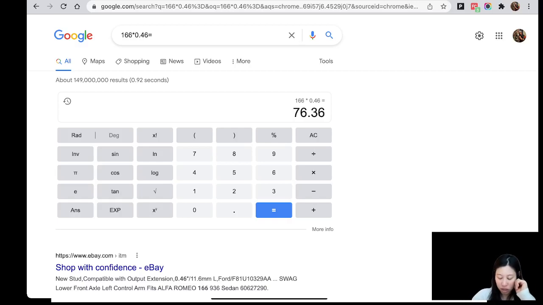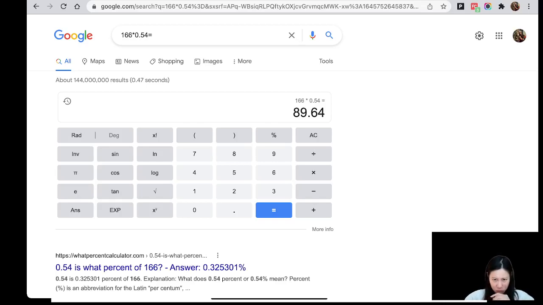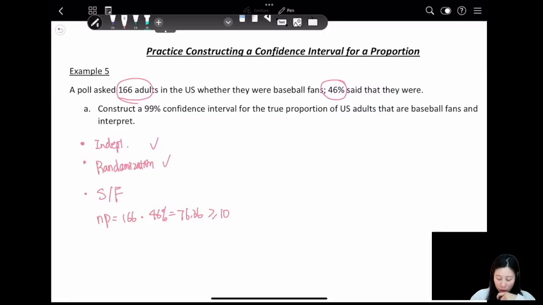So that's greater than or equal to 10. We also need to check the failure rate, nq, which equals 166 times 1 minus 46%, or times 54%, which equals 89.64. That's greater than or equal to 10. That means the success and failure condition is also checked.